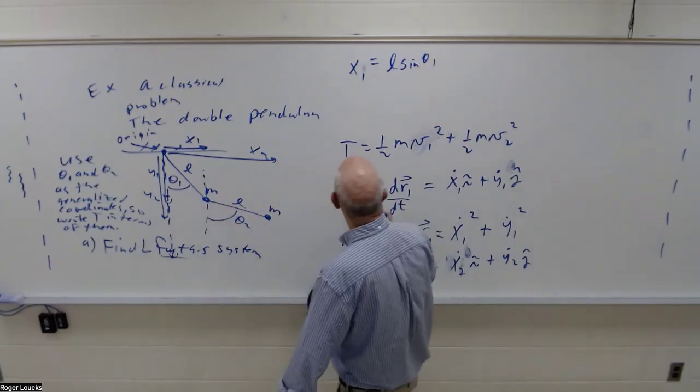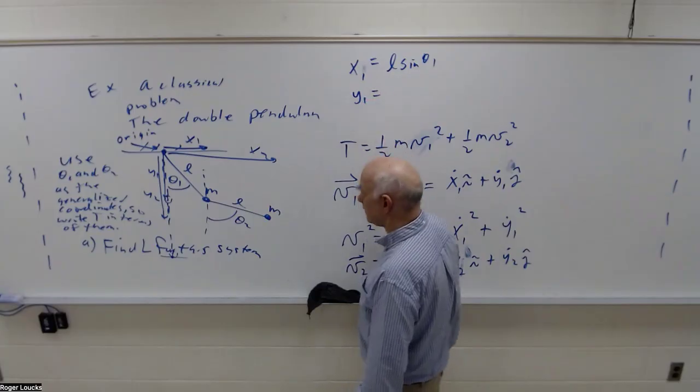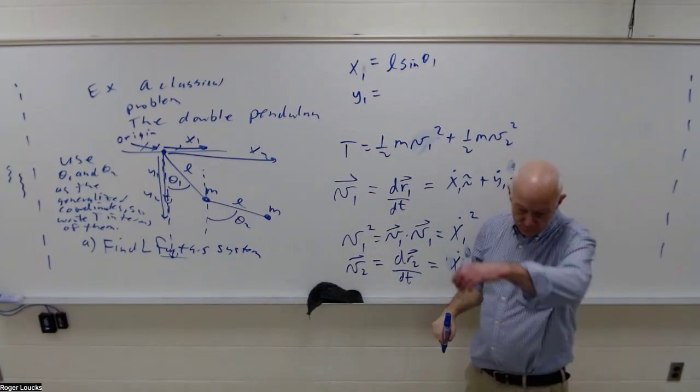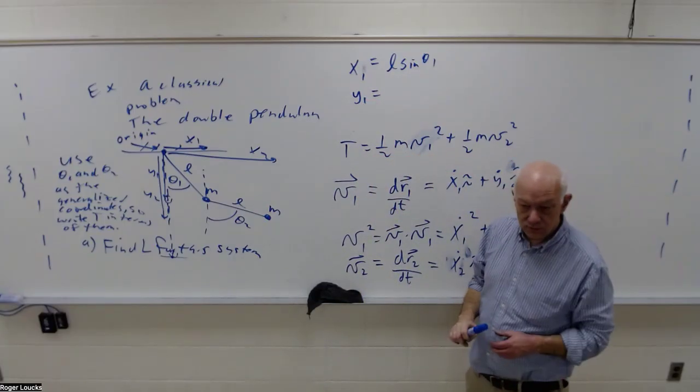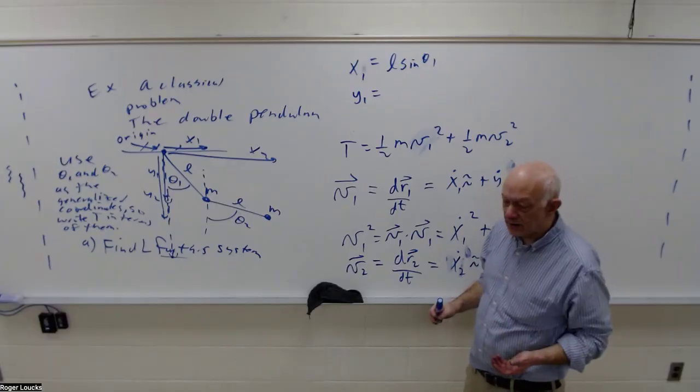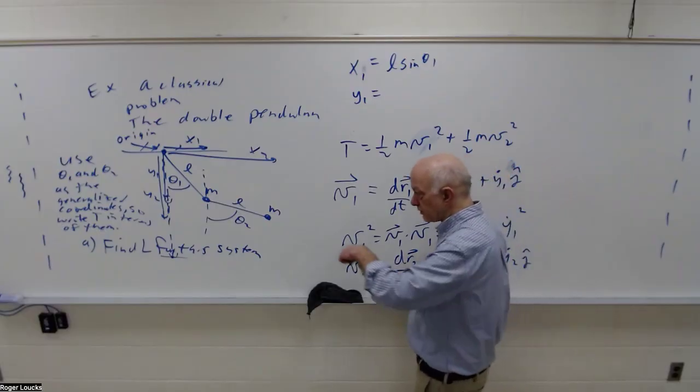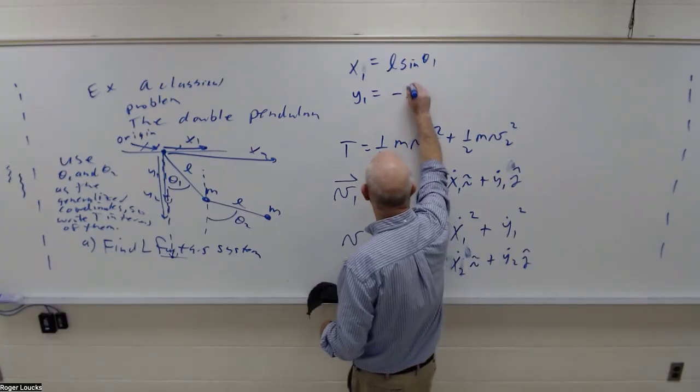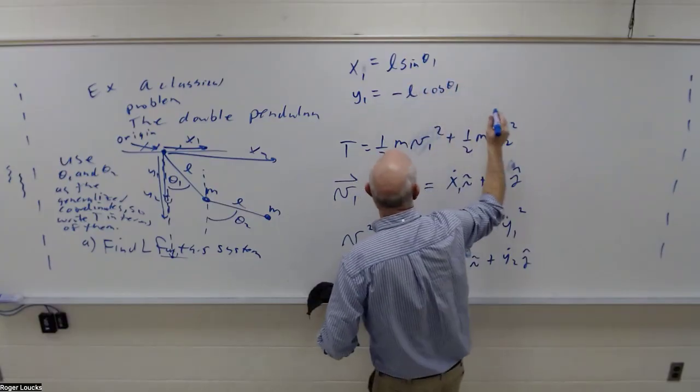And then y1 is going to be minus L cosine theta 1. I put a minus sign in there because you're going to be going down.